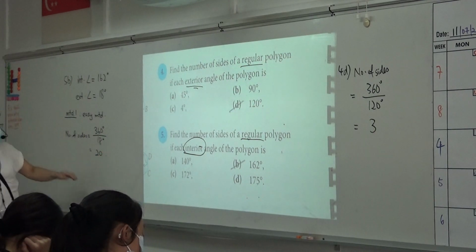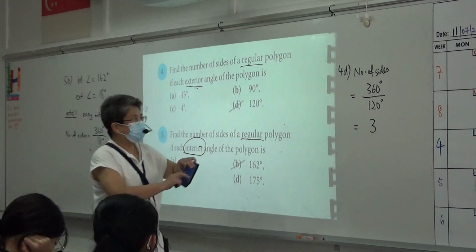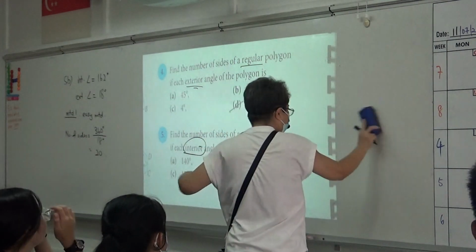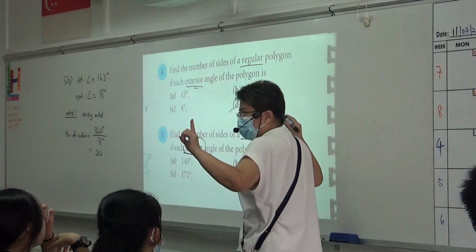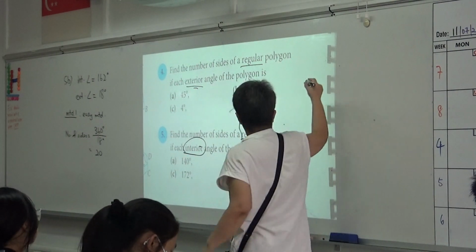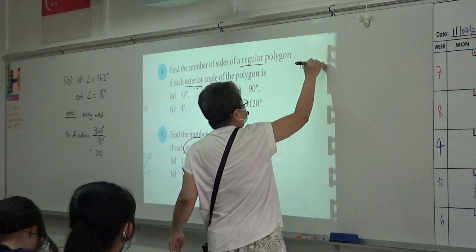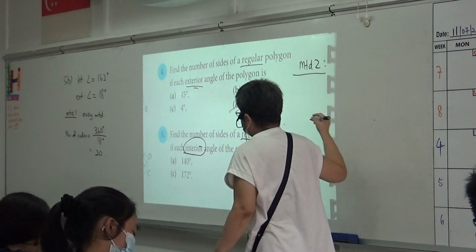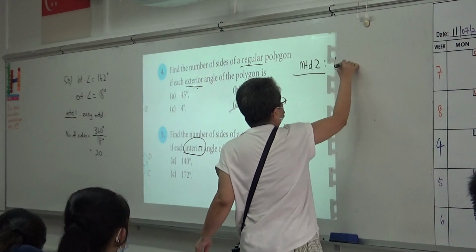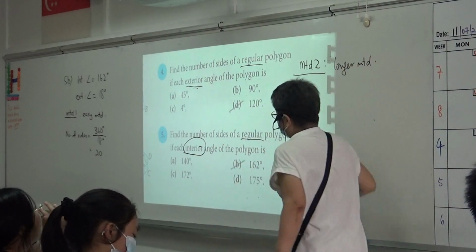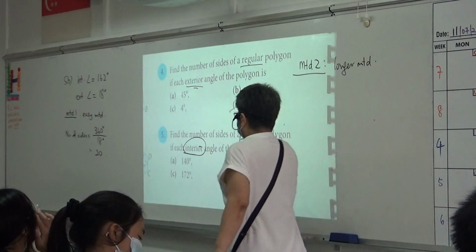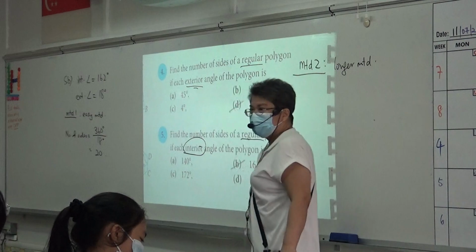Now, I will go to method 2. I'll copy both because I want you to be familiar with both. Method 2, the longer method. Now, the interior angle is 162, right?